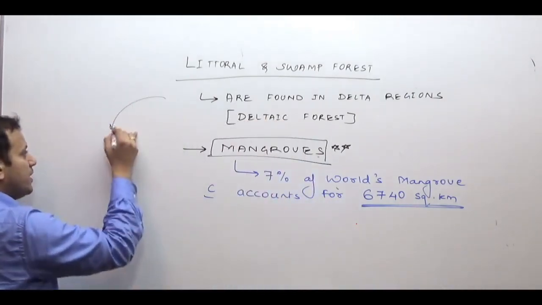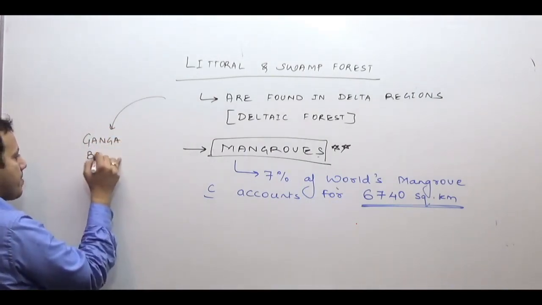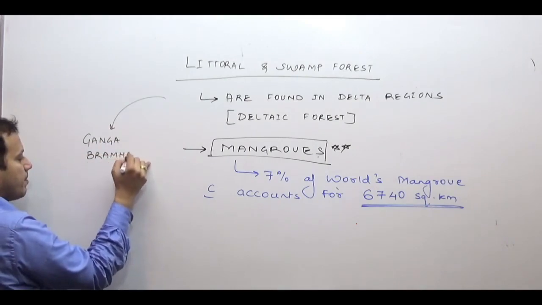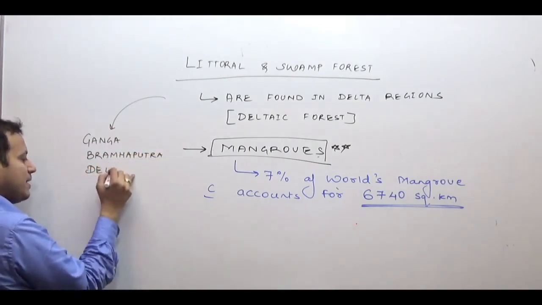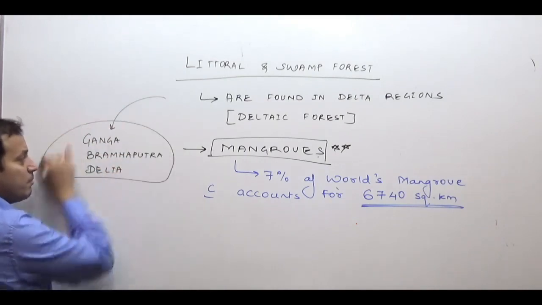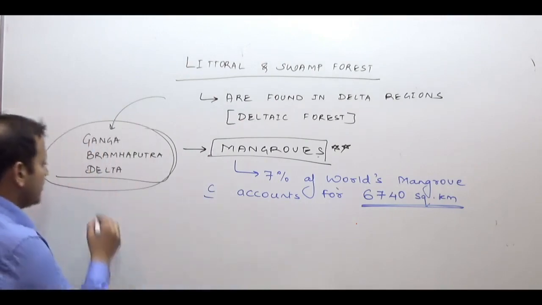In the Ganga Brahmaputra delta, the most common mangrove which is found is the Sundri tree.